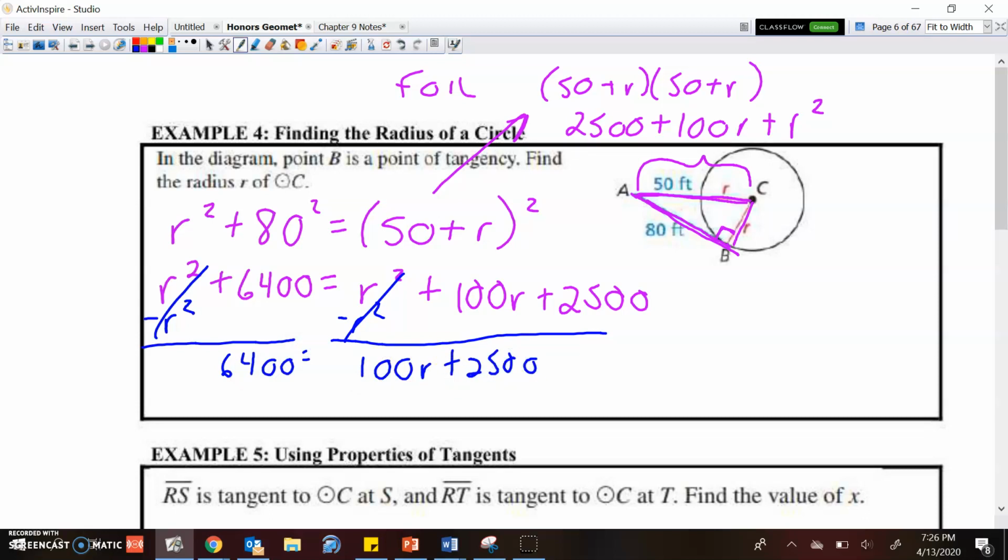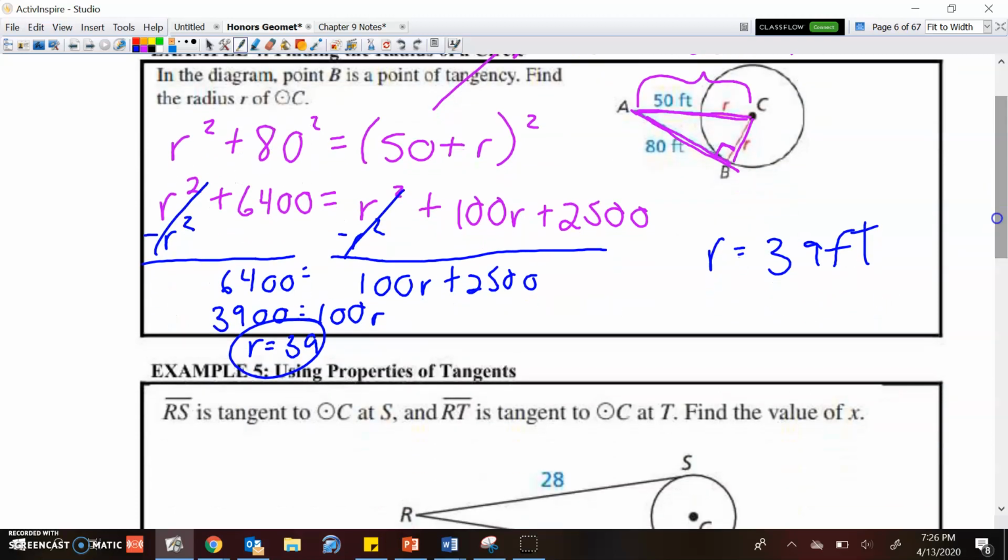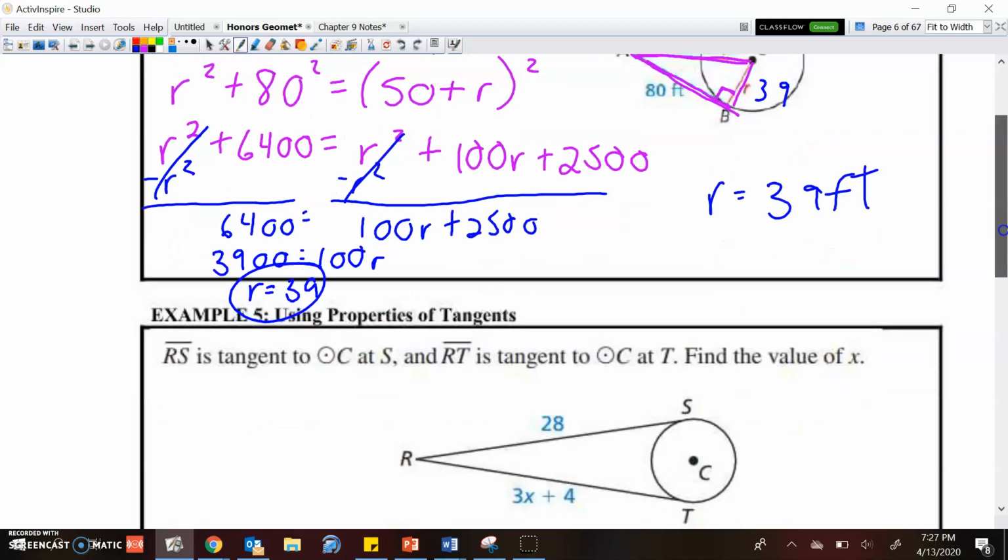I'm going to subtract 6,400 minus 2,500, and that's going to give me 3,900. So I have 3,900 equals 100r. Dividing by 100, I get r equals 39. So my radius in this problem is 39, and we're talking about feet. That seems very logical, and I could check it using the converse of the Pythagorean theorem. I would see if 39 squared plus 80 squared equals 89 squared, and it does.